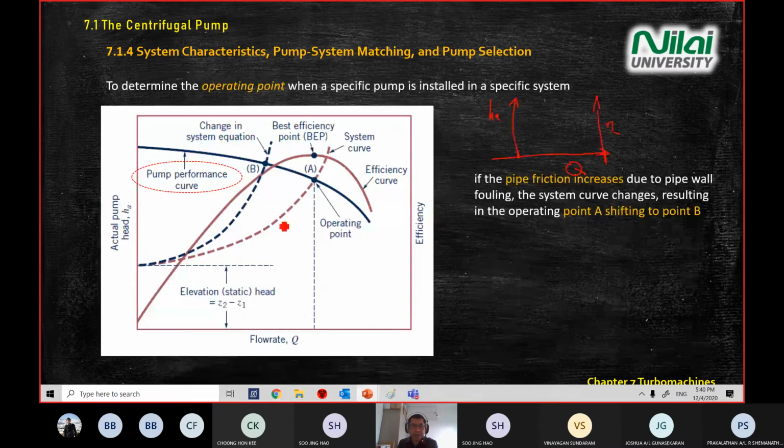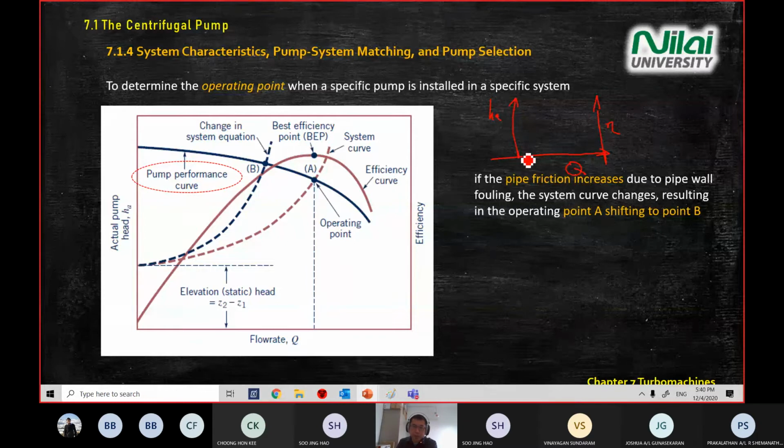And just now we have a system curve. So we will have, on this graph, HA versus Q versus efficiency.